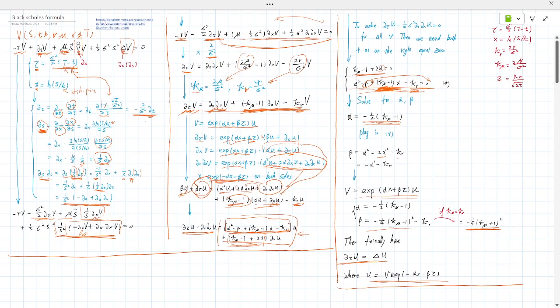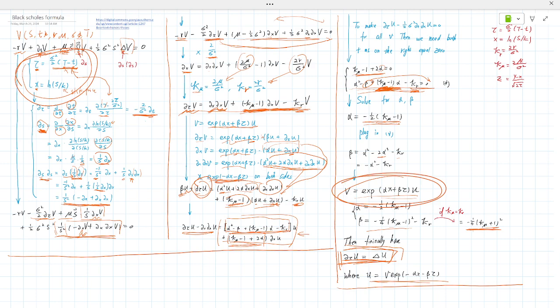So that's the transformation that takes us from the Black-Scholes partial differential equation to a diffusion equation. To review, this transformation and this transformation, those two transformations give us a diffusion equation.